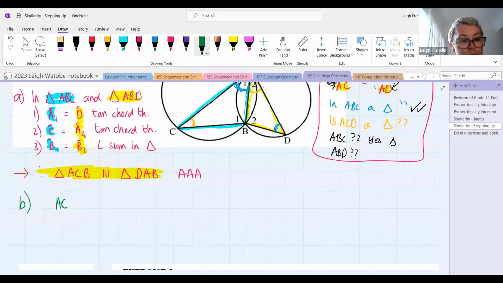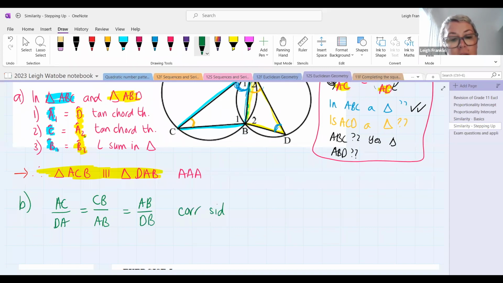AC, first and last, over first and last, DA, is equal to second two, CB, over second two, AB, is equal to first and last, AB, over first and last, DB. Reason: corresponding sides in proportion. You would not be able to do this because all your letters would be jumbled if the order wasn't correct. So we wouldn't be able to do step B correctly if we didn't have the order correct.